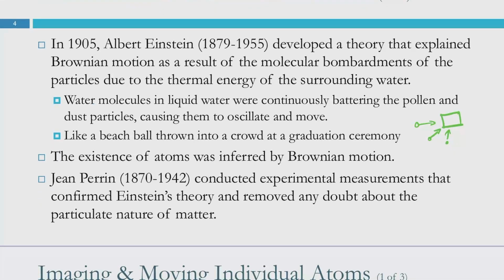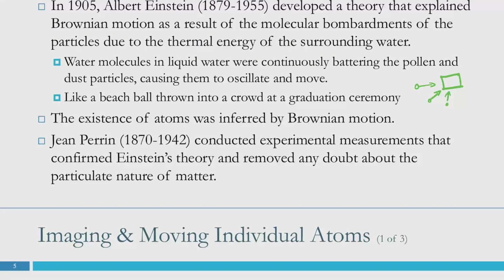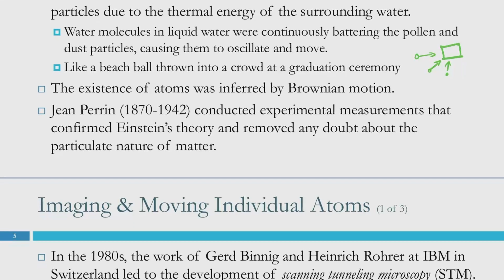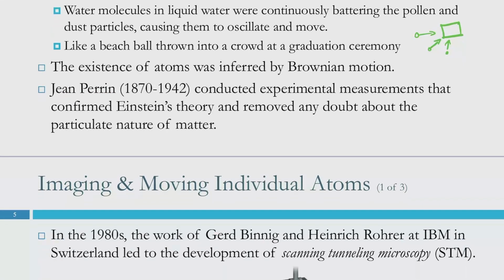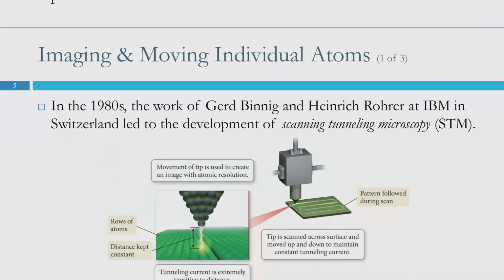And so this causes these really, really small particles to oscillate around. So this Brownian motion clues us into the existence of atoms, because there has to be little things that are bombarding these pollen molecules. And that was later confirmed by Jean Perrin.